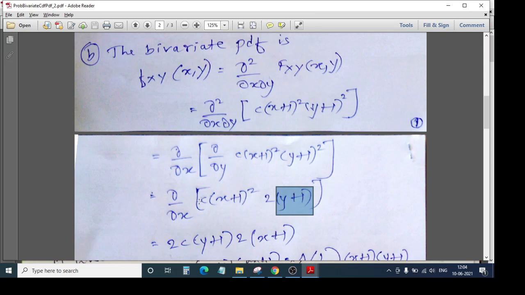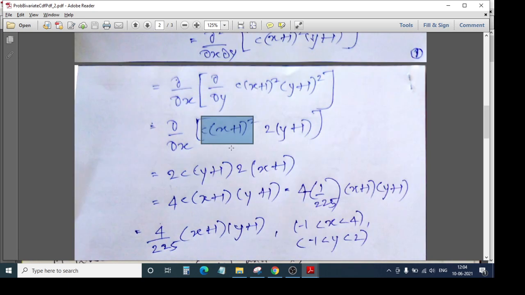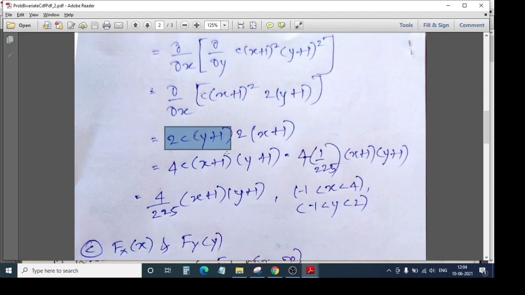Next we differentiate with respect to x. The derivative of (x plus 1) the whole square is 2 into (x plus 1). C is constant, so we take it outside, and 2 into (y plus 1) is also constant, so that whole thing is taken outside.